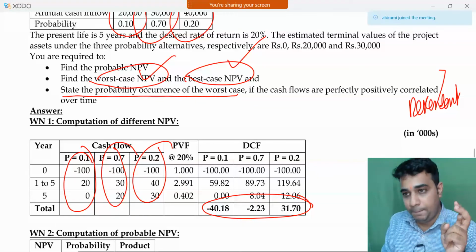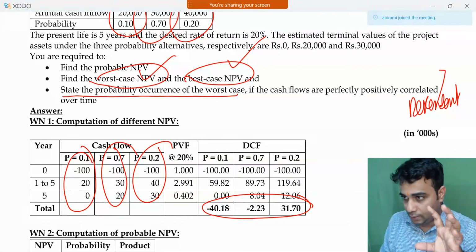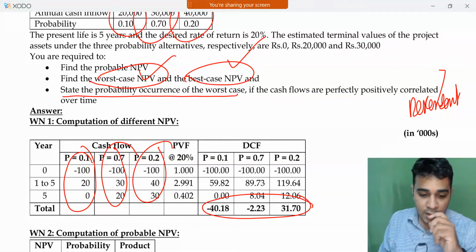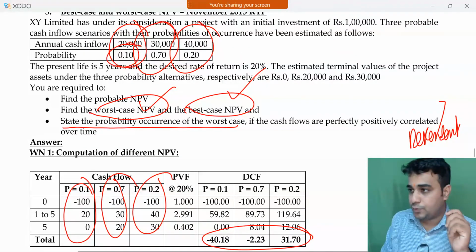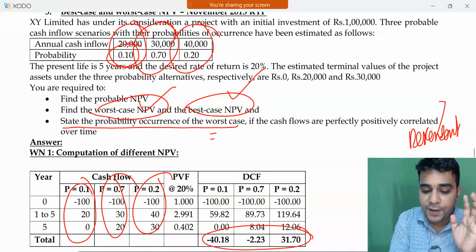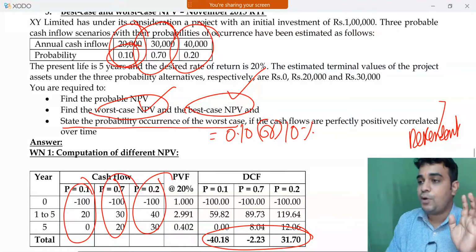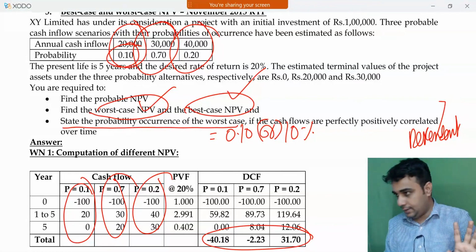The second type is not correlated, or independent. The probability of the worst case is 0.10. If they are perfectly correlated, the answer is 0.10 or 10%. The probability of that was 0.10, so I have directly written that.